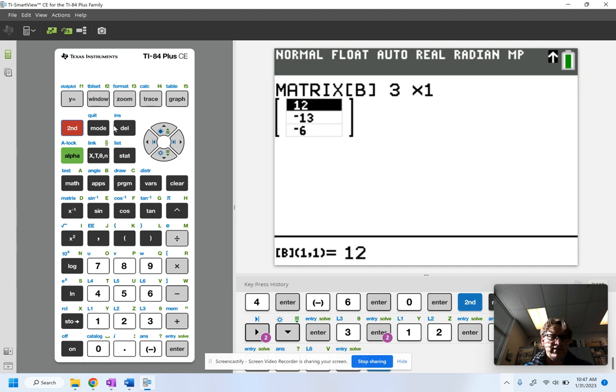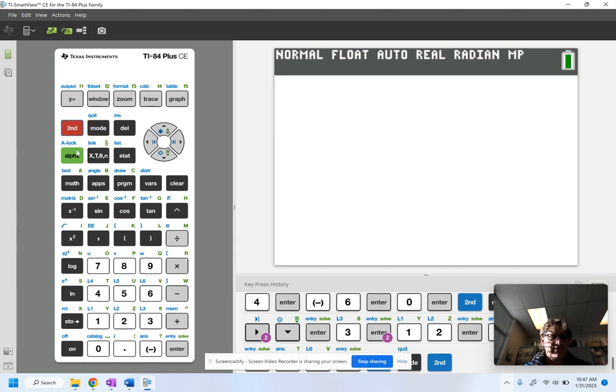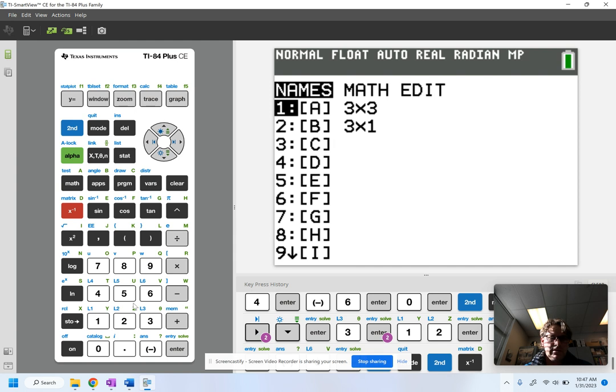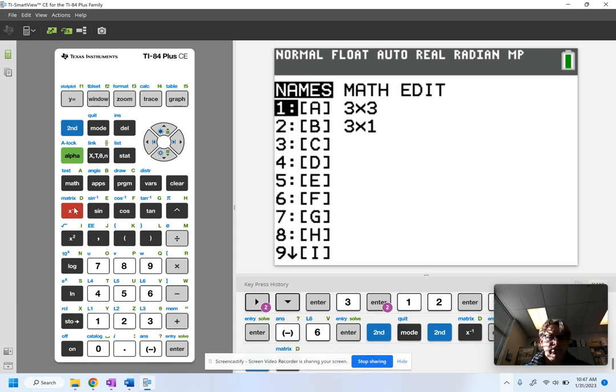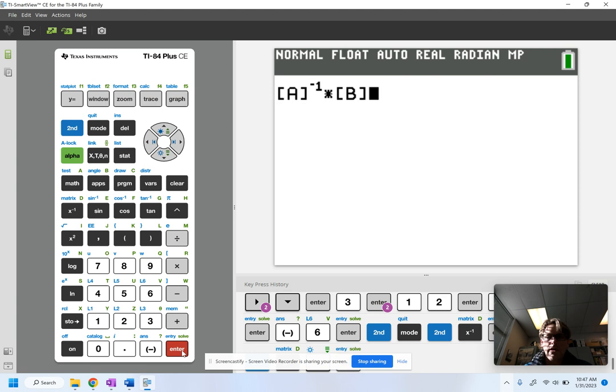Now we hit second function quit, second function matrix, select A, do the inverse, hit times, second function matrix, scroll down to get to B. B is selected, hit enter. And then we just hit enter to get the values of x, y, and z. So we hit enter.